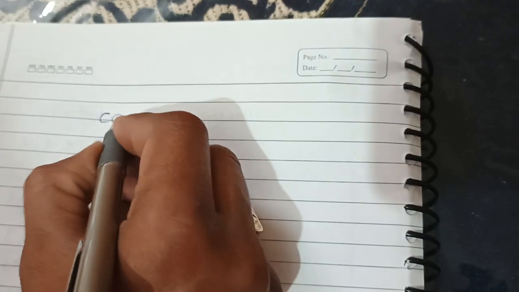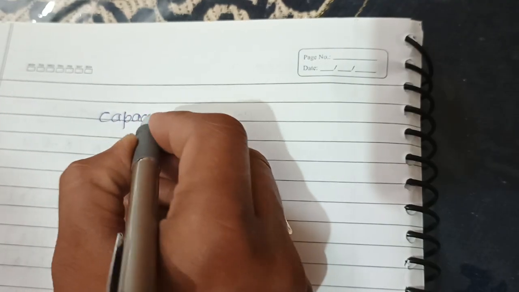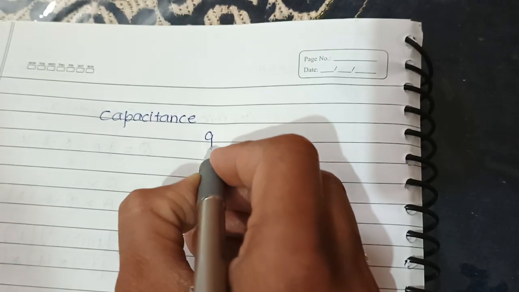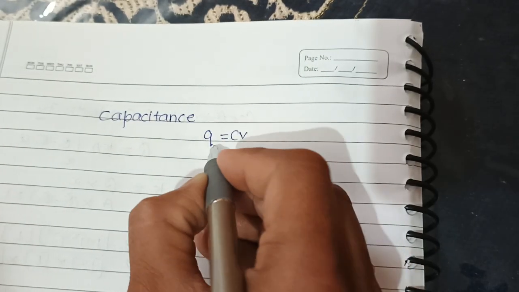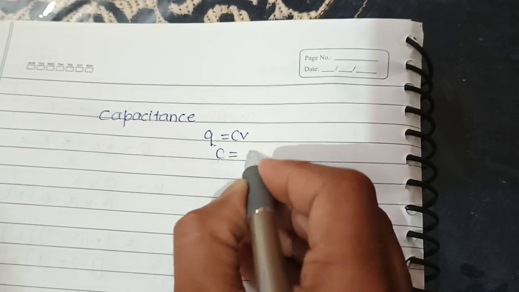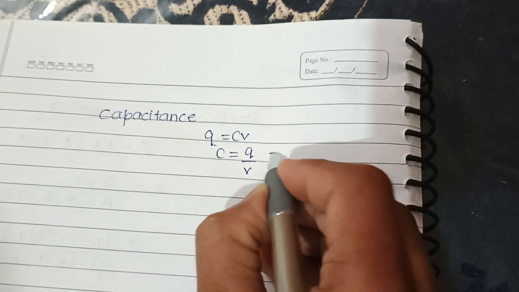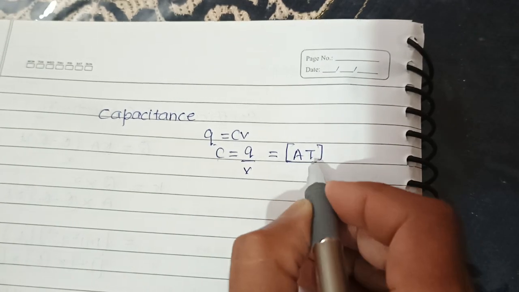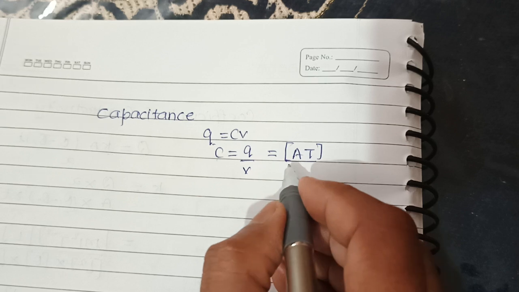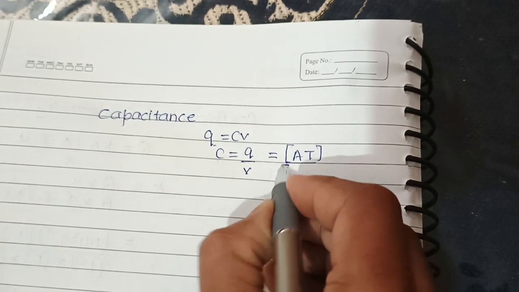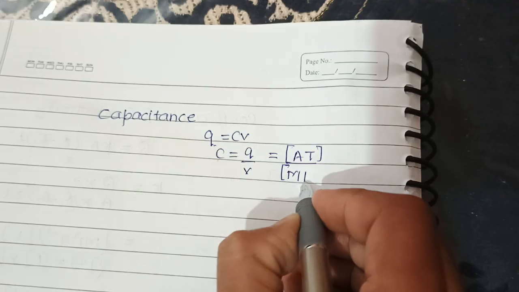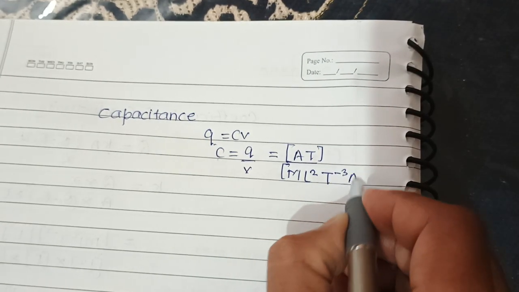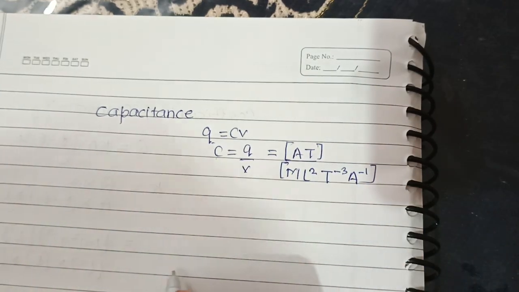Capacitance. Q equal to CV. So C equal to Q by V, and Q is AT and V is M L square T minus 3 A minus 1.